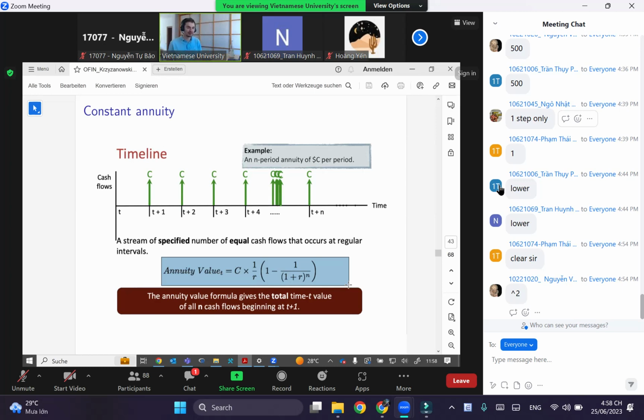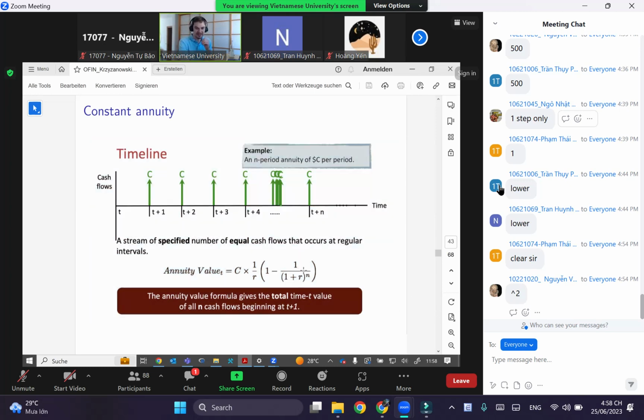So you do not have to write down C divided by 1 plus r plus C divided by 1 plus r to the power of 2 plus C divided by 1 plus r to the power of 3 and so forth, but you can rather utilize the formula established for a constant annuity, as described here in this formula. So you save yourself a lot of time.